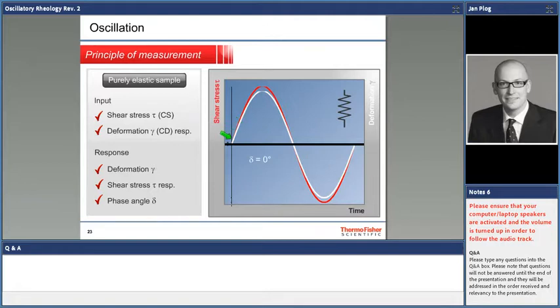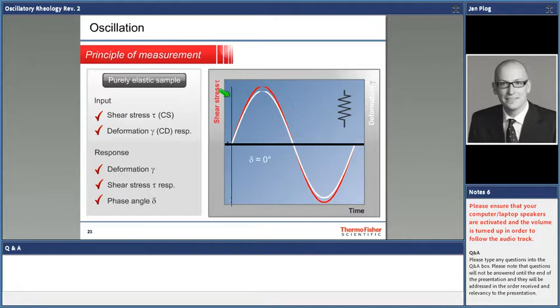Your elastic body will follow that stress instantaneously, meaning that the input signal, stress, and the output that you actually measure, the deformation, are 100% in phase. Your phase shift angle delta is 0. Meaning nothing else: you put in a sine wave, you get out a sine wave.